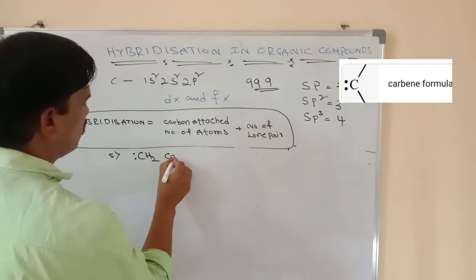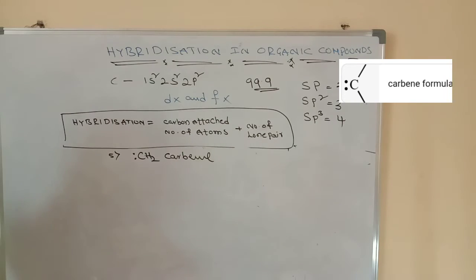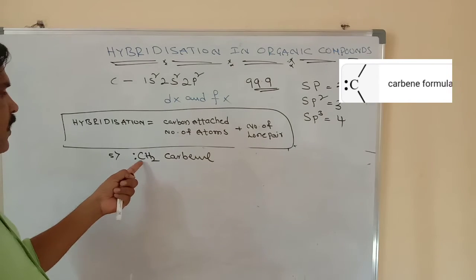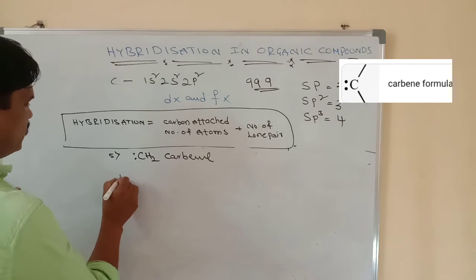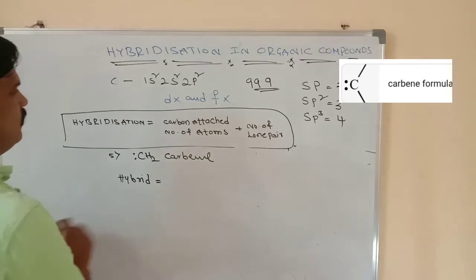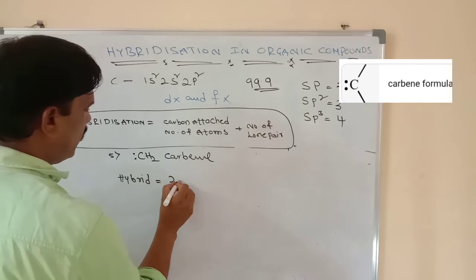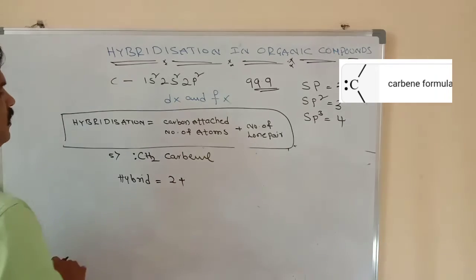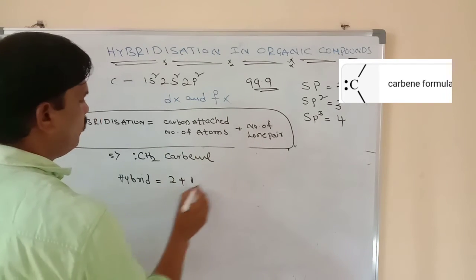This is carbene. So what is the hybridization in carbene? What is the trick for hybridization? Hybridization is equal to the number of atoms attached to the carbon. This carbon is attached to how many hydrogen atoms? 2 hydrogen atoms. Now plus the number of lone pairs. One lone pair is there.